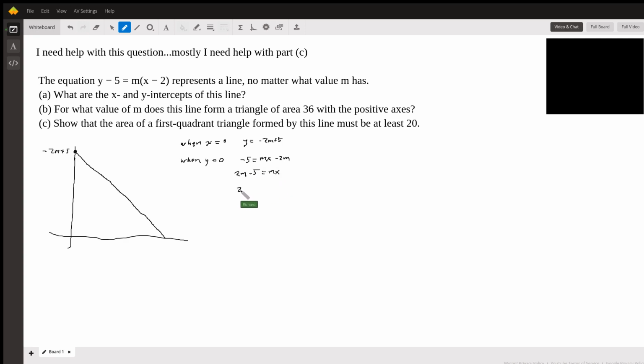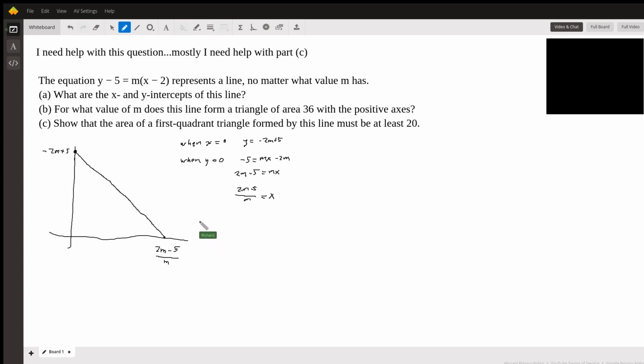Divide by m, we have 2m minus 5 all over m is going to be x. So this point here can be labeled 2m minus 5 over m.